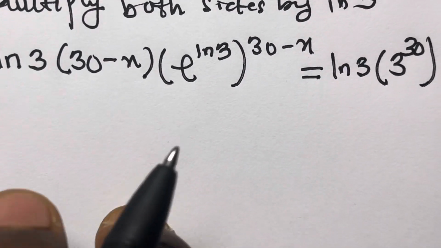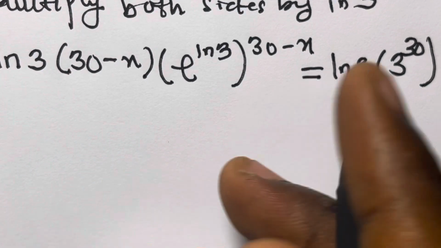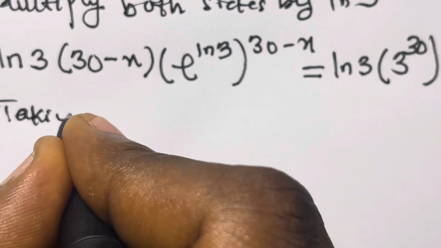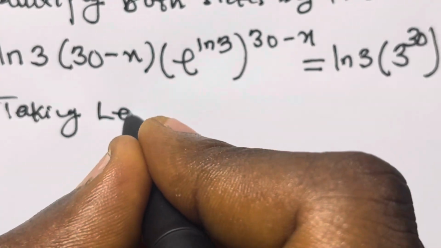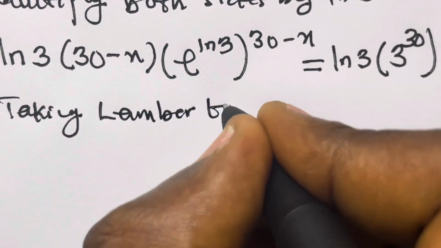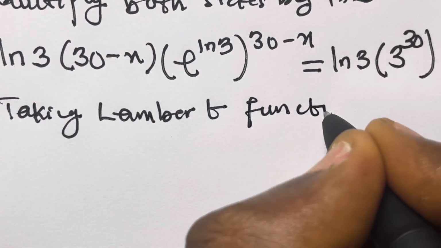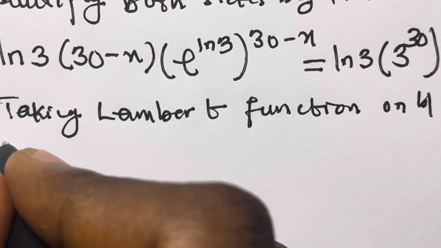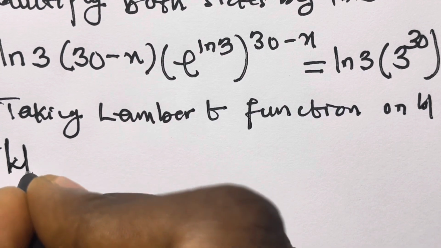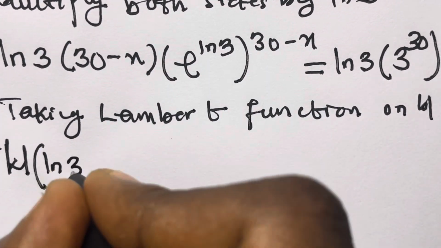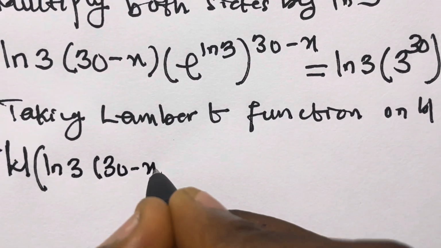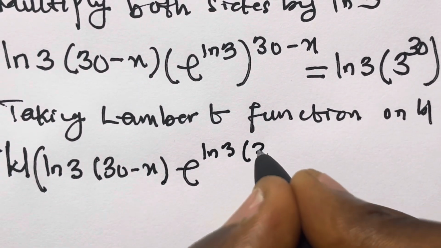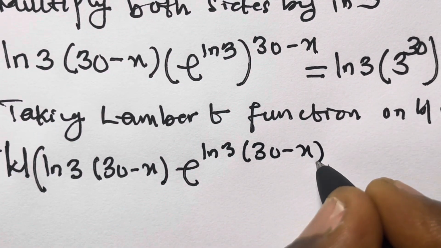It's now easy for us to take the Lambert function of both sides. Taking the Lambert function on both sides, we are going to have the Lambert function of ln 3 multiplied by 30 minus x, times e raised to the power ln 3 times 30 minus x, right?